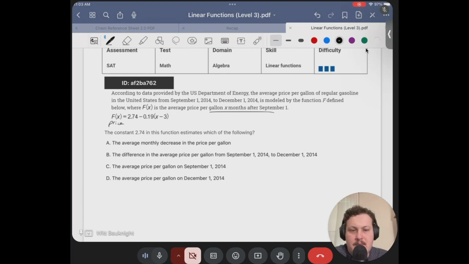It's not going to be the y-intercept because of this constant, so I'm wary of that. The average monthly decrease in gallon pricing? No, that doesn't have to do with the slope. The difference in the average gallon price from there to there? That's not immediately meaning anything to me.